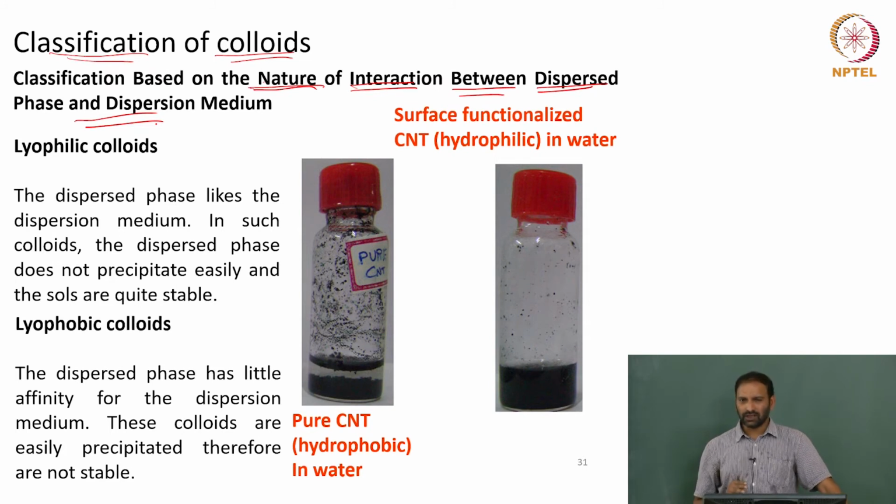Again, we'll talk more about interactions in the coming lectures. For today, when I say interaction, the only thing I mean is whether the dispersed phase and the continuous phase like each other or don't like each other. It's a very loose term.